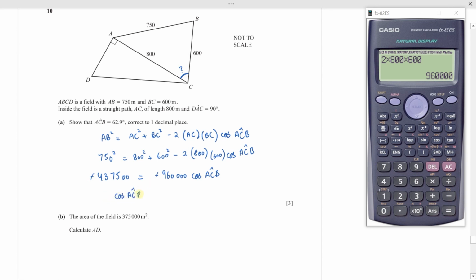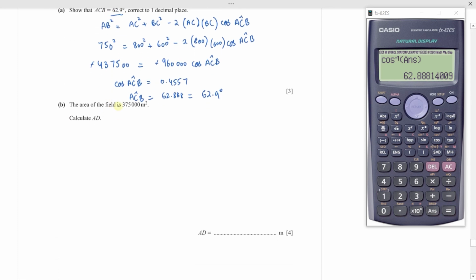Cos of angle ACB will equal 437,500 divided by 960,000. So this is 0.4557, and angle ACB will be cos inverse of this. So this is 62.888, and up to one decimal place this will be 62.9 degrees. So that's what you had to show.